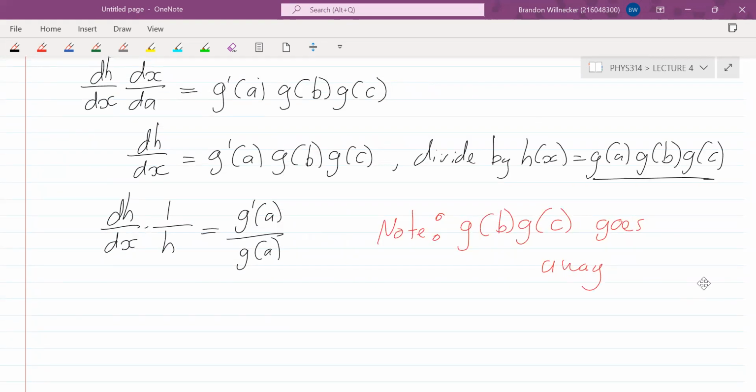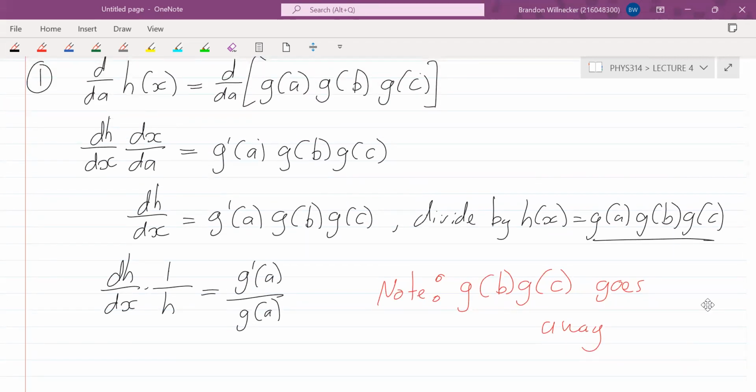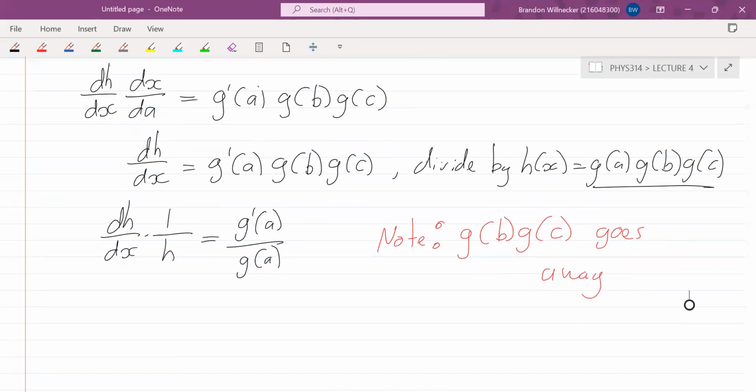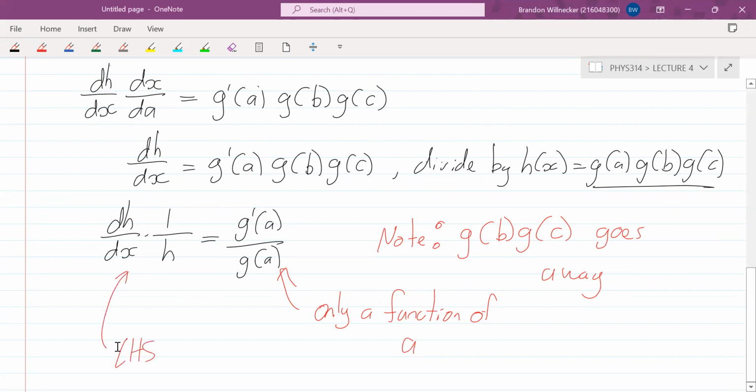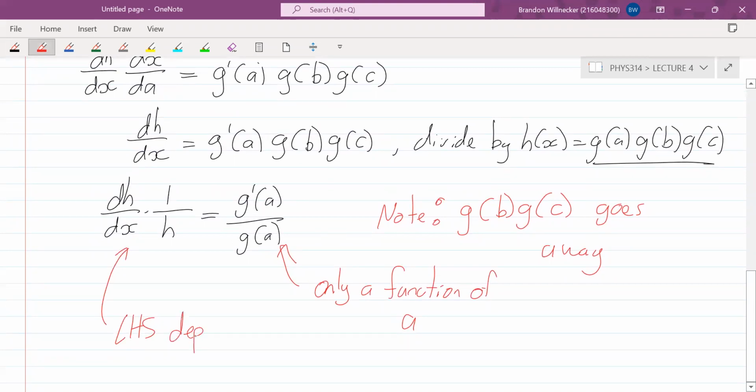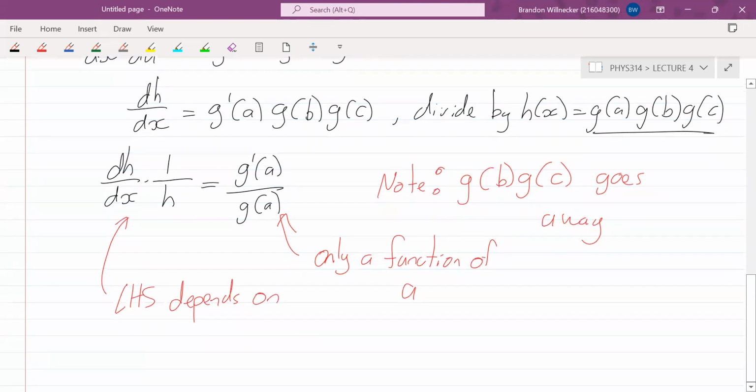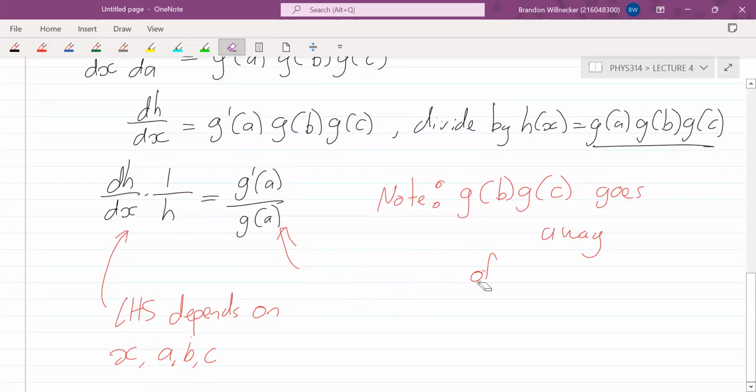Okay. Now, since g was only a function of A and g prime is only a function of A, that means the right-hand side is only a function of A. So with that, we know that the left-hand side depends on x, A, B, C, because remember x is a function of A, B, and C. So if h is a function of x, then it's also a function of A, B, and C. But the right-hand side only depends on A. So let's just write that a bit clearer here.